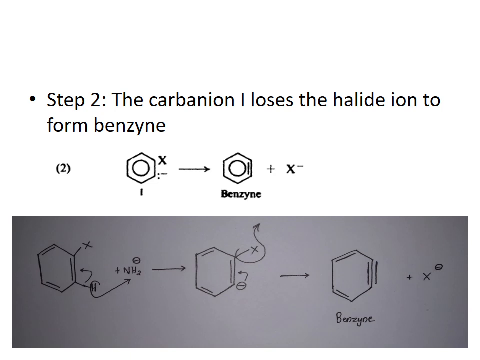The halogen leaves as X minus, taking its electron pair, and this drawing shows it clearly. So this X is leaving as X minus. Now at the ortho position there is a carbon with a lone pair of electrons. That carbon shares that electron pair with the carbon from which the X is leaving. That leads to the formation of benzyne.